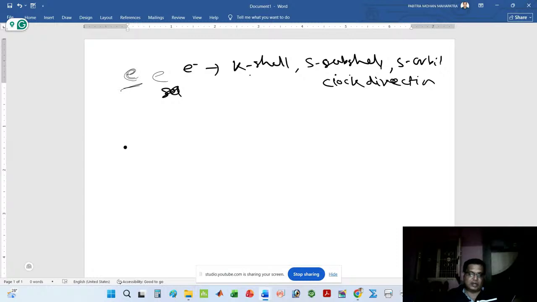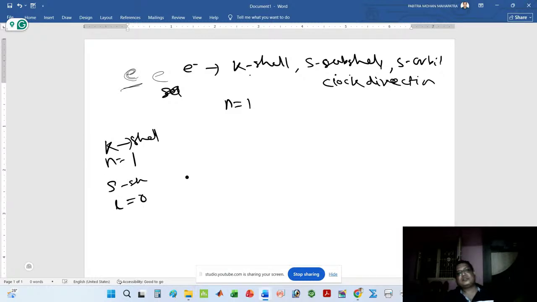Again, I want to try to explain. For the K shell, n is equal to what? 1. So here I can write n is equal to 1. For the s subshell, l is equal to what? 0. So here I can write l is equal to 0. For the s orbital, as I already discussed, m is equal to 0.